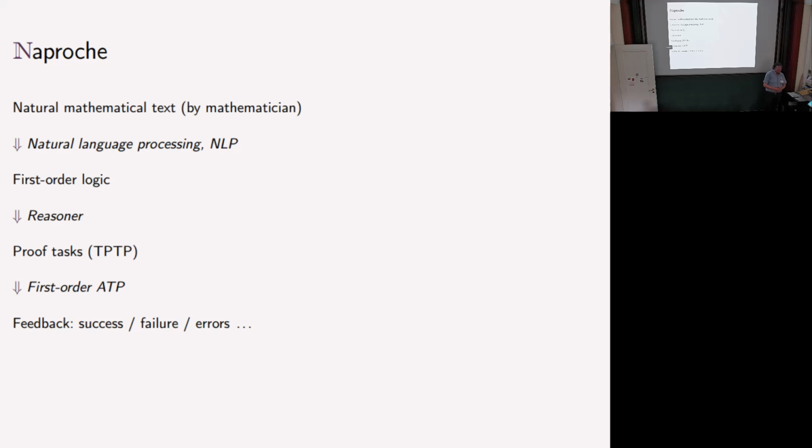And then in the Naproche system, this first order logic representation of your original text is processed a little bit, and it's mainly given to outside automatic theorem provers to check the first order correctness. And again, you should get feedback in appropriate form.